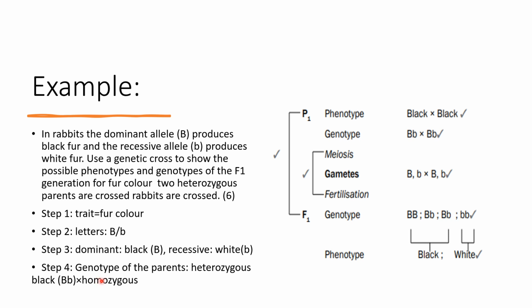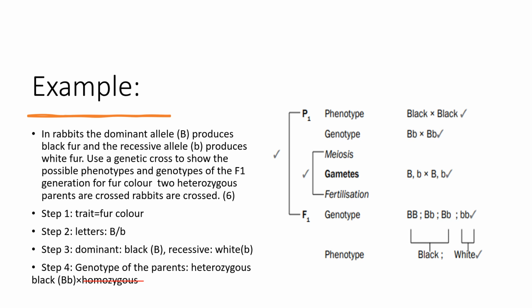Then when we look at the genotypes of the parents, both parents, according to the problem, are heterozygous for the characteristic. This was a mistake. It was supposed to also be heterozygous, so it was supposed to be heterozygous black here as well.